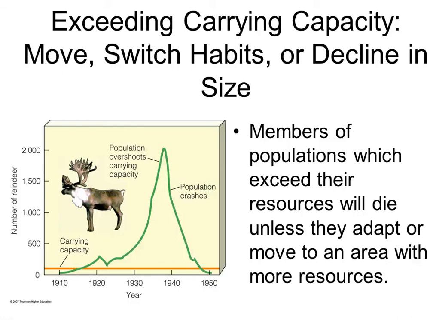If they exceed it drastically, they can die or starve because the resources are not there. And unless they adapt to that carrying capacity or move, they will either crash completely or go through a series of boom and bust situations.